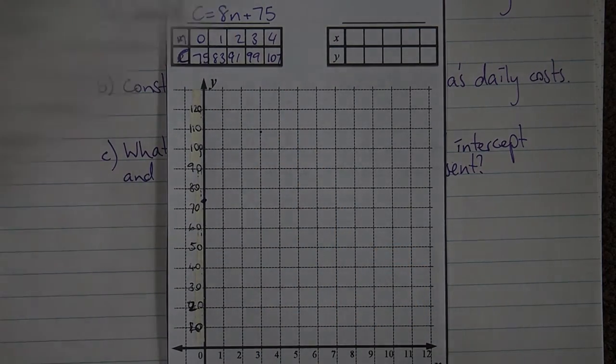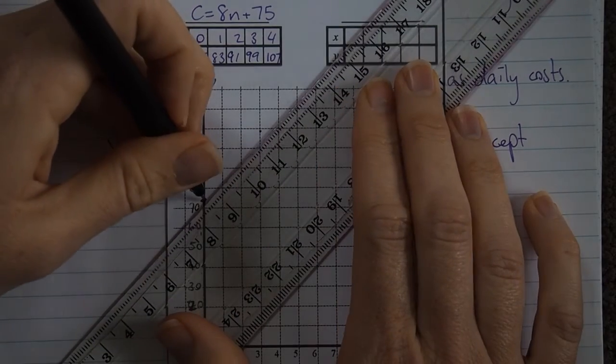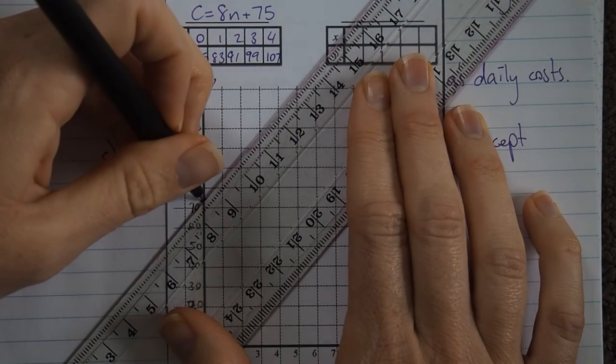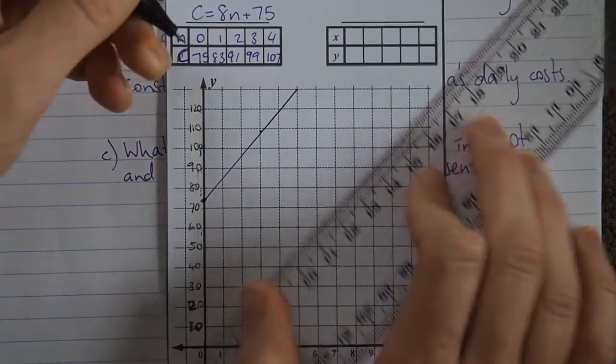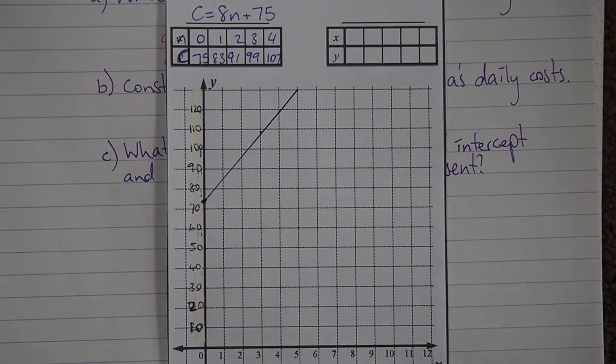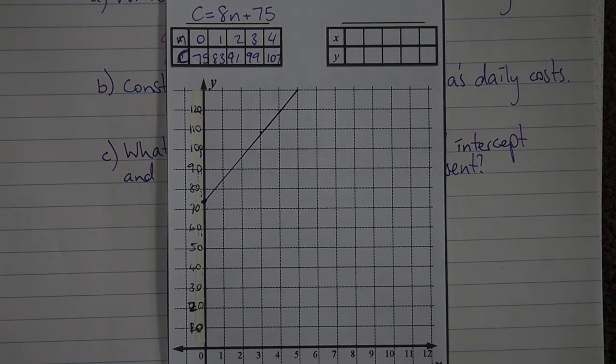I'm going to join those 2 points, doing my best with my dodgy ruler. So there is our graph.